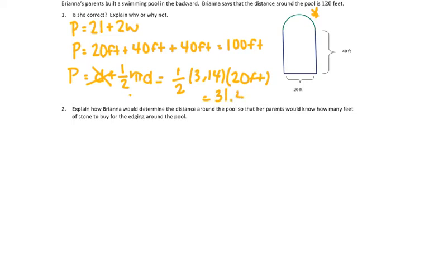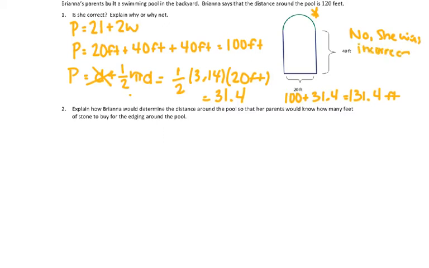So now we're going to add those two perimeters together. So 100 plus 31.4. That means that the perimeter of this pool is actually 131.4 feet. So Brianna was incorrect.